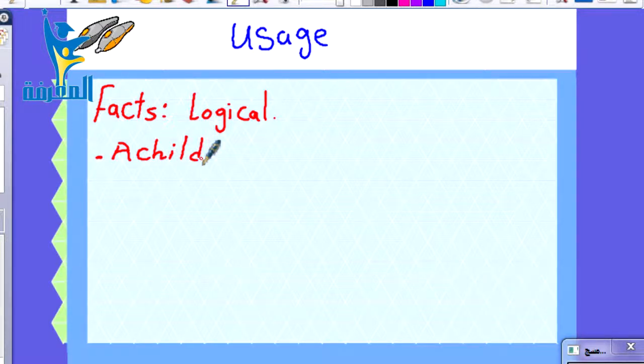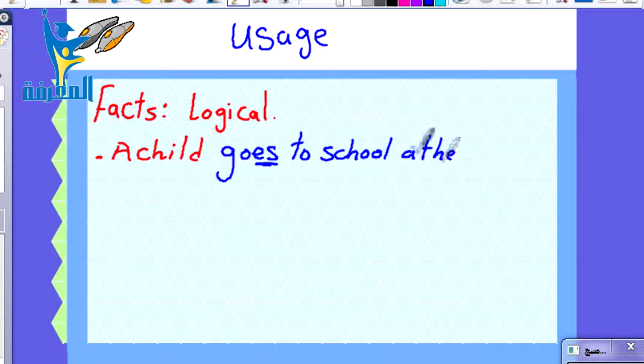A child, of course, because a child is a singular noun, goes to school at the age of 6. We use the present simple tense here because we are talking about logical facts.